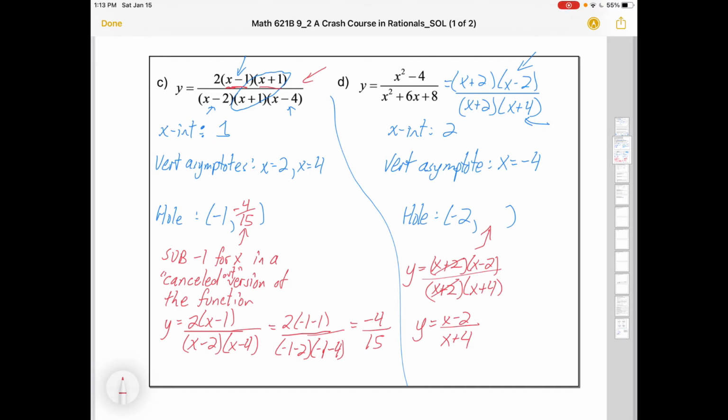The original function does have a hole. So if I put in -2 for x, what am I going to get? -4 over +2 or -2. So coincidentally, the hole is going to be at -2, -2. Next class, we're going to learn how to graph these, but for now, we're just doing some description. So we can find x-intercepts, vertical asymptotes, and holes, points of discontinuity.